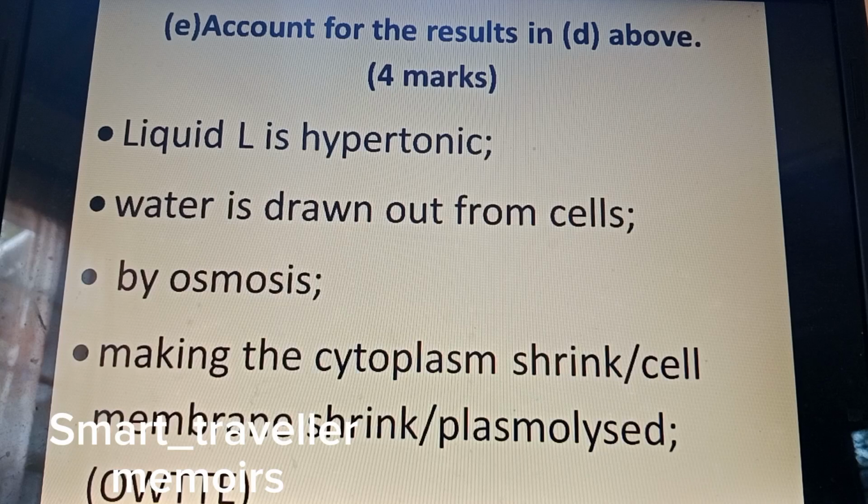Water is drawn out from the cells, a tick. By osmosis, a tick, and making the cytoplasm shrink, a tick, or making the cytoplasm or cell membrane shrink, the same, or making the cytoplasm plasmolyzed. So you find there, you have how many marks? 4.